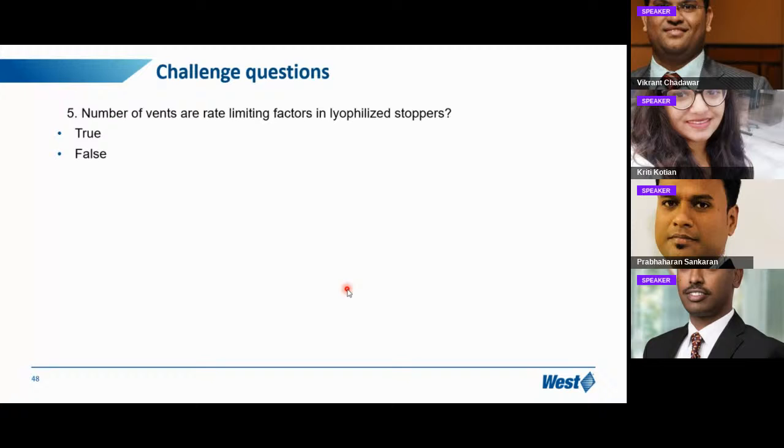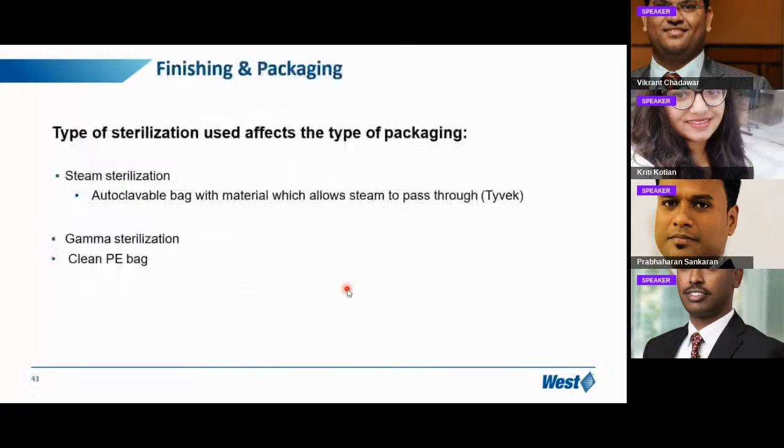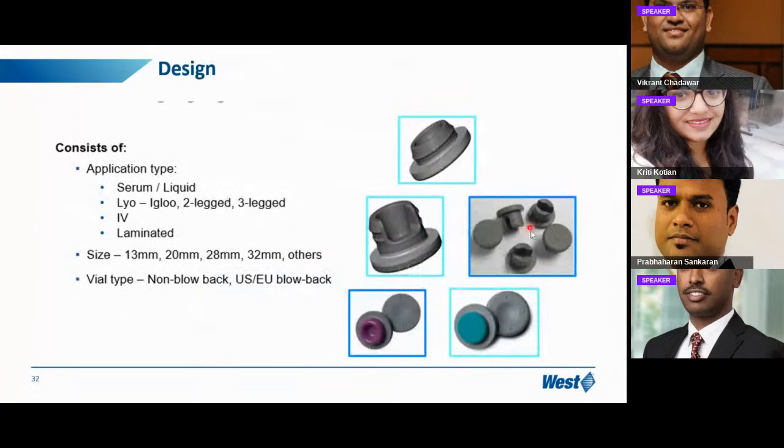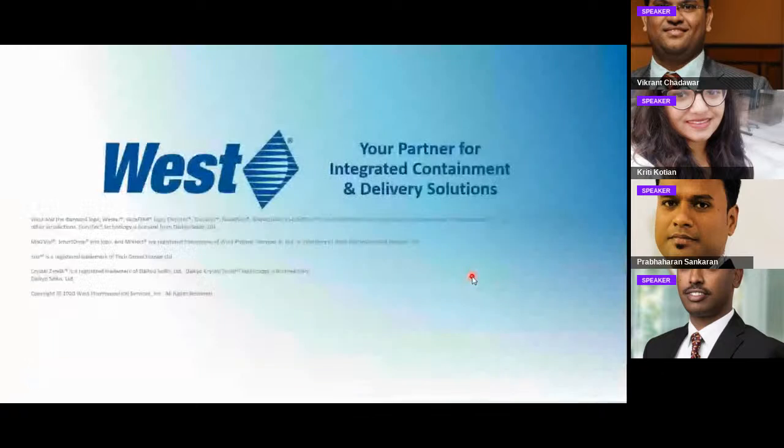I guess it's false. Yeah, the answer is false, because in lyophilization stoppers, like I mentioned, whether it is one-legged, two-legged, or three-legged, it doesn't matter. What matters is the rate of sublimation inside the vial. So the answer is false.